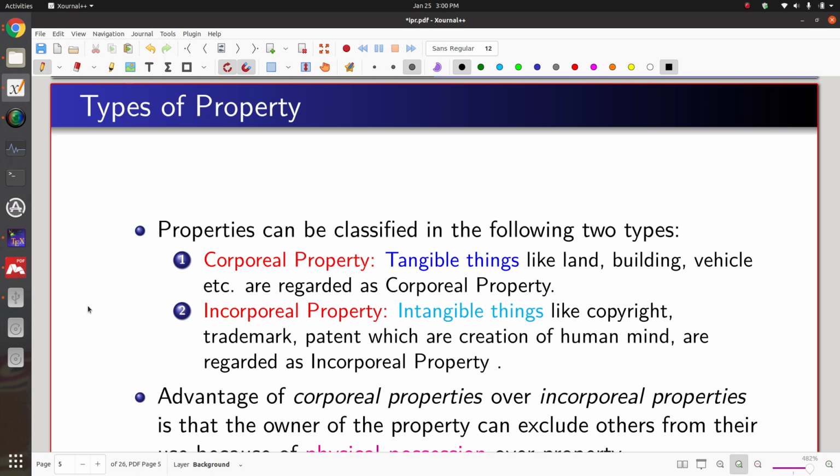Initially these were not regarded as property, but बाद में जैसे जैसे डेवलपमेंट होता गया, and nowadays जो इकोनॉमी है वो नॉलेज बेस्ड इकोनॉमी, the economies are moving towards a knowledge based economy. So these properties' role is also becoming very important, and their importance has also increased.